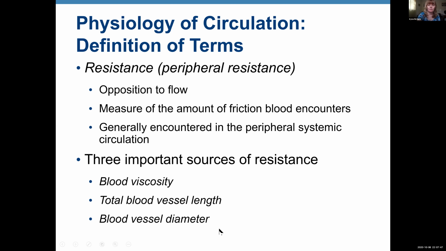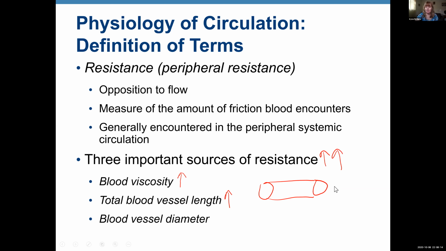So if you have a blood vessel over here, and inside we have blood, mostly plasma and formed elements. The higher the viscosity of the blood, what do you think? It's going to be higher resistance. When we have longer vessels, also higher resistance.